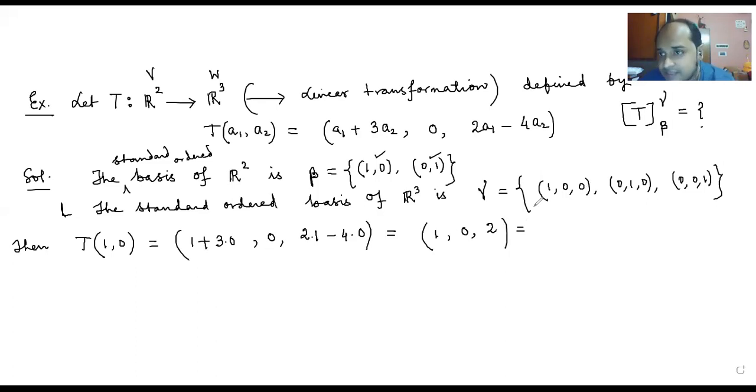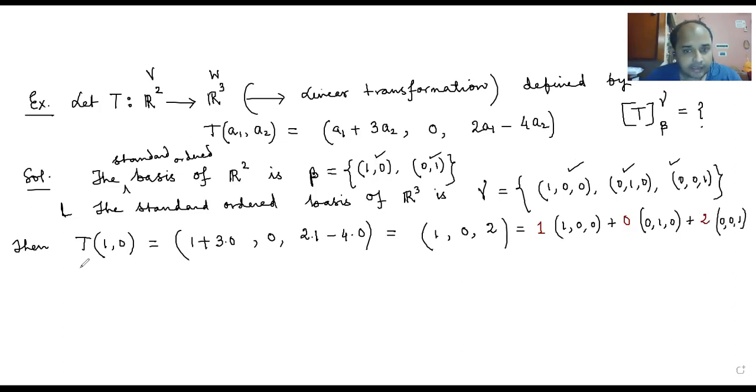If I express this in terms of w1, w2, w3, there would be unique scalars: 1 into (1, 0, 0) plus 0 into (0, 1, 0) plus 2 into (0, 0, 1).